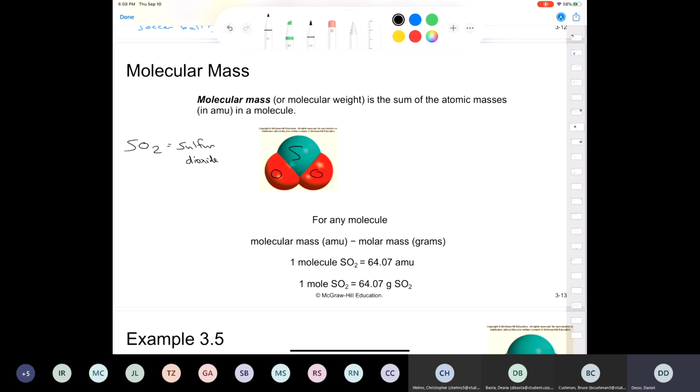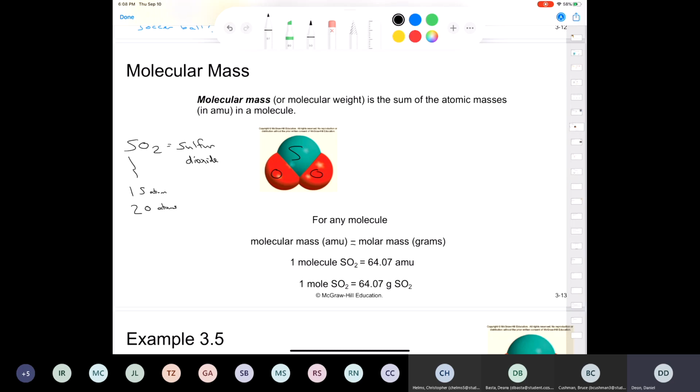So how would I figure out the molecular mass? I would simply add up all of the atomic masses. Well, what kind of atoms are in SO2? I have one sulfur atom, right? And I have two oxygen atoms.